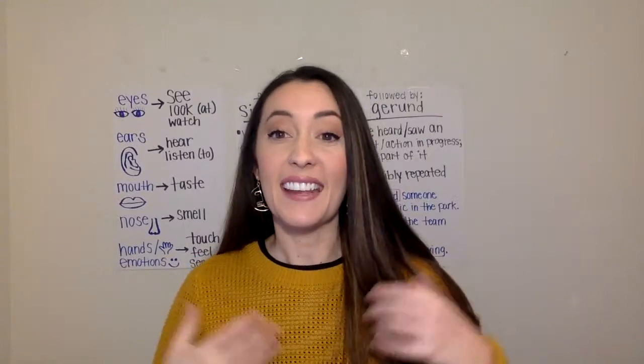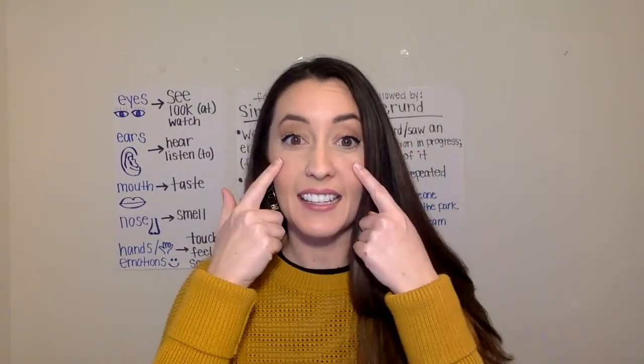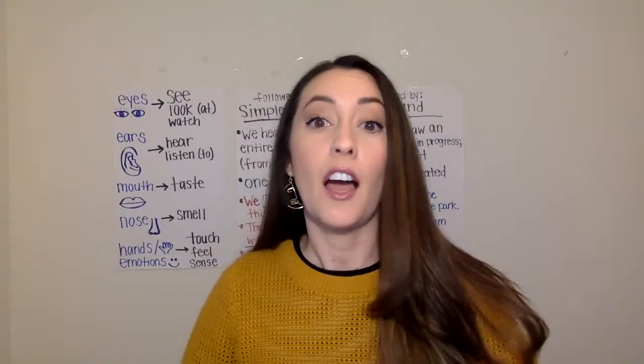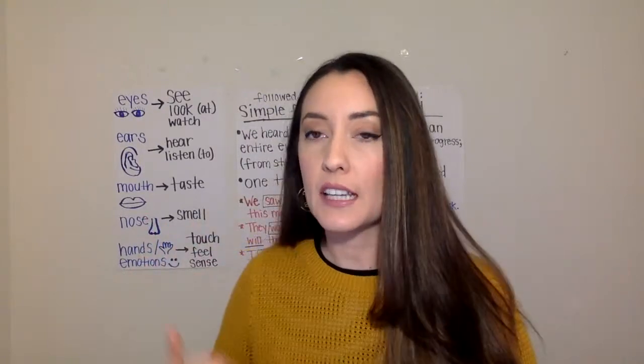Basically, they convey the experience of one of our 5 physical senses. So what are our 5 senses? Hearing, sight, smell, touch, and taste, right? Those are our senses. So verbs of perception, they convey the experience of one of these 5 senses.